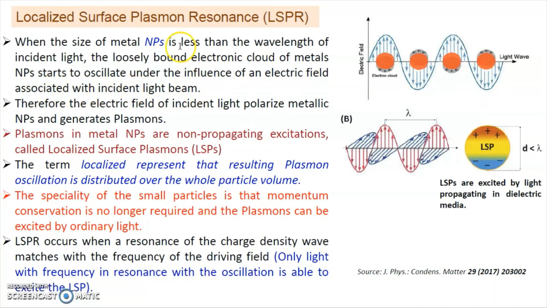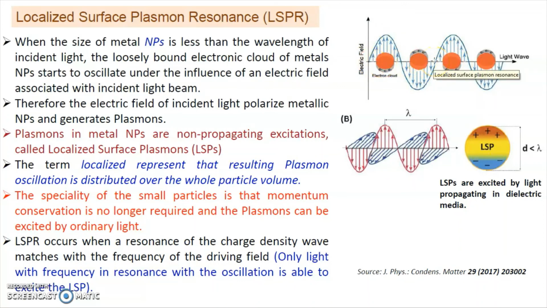So the first condition is that the size of the metal nanoparticle is less than the wavelength of the incident light. Suppose this, from here to here, is the wavelength of the incident light.